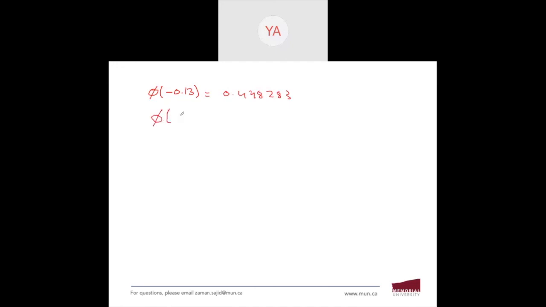If I find out my value at 0.13 with the positive table, it will come out to be 0.551717.